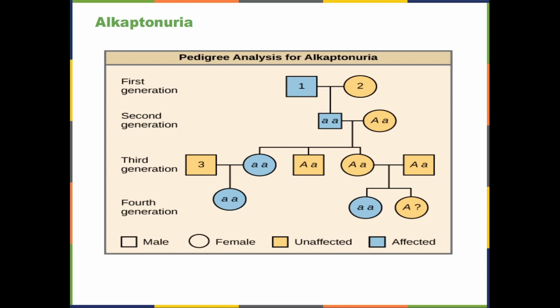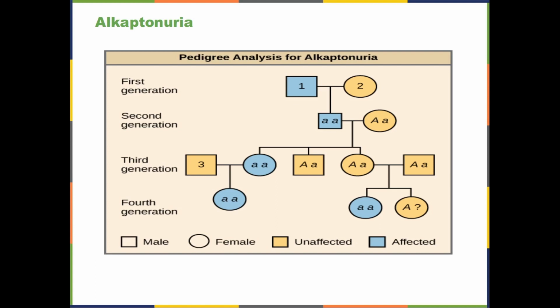That's that circle with little a, little a in it, and then two unaffected children, a male and a female. All right, so we go all the way to the left. We look at that affected female in the third generation. She crosses with an unaffected male. We do not know that male's genotype, but that crossing yields an affected female.